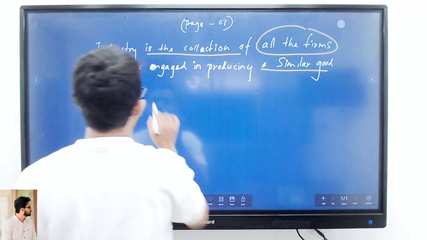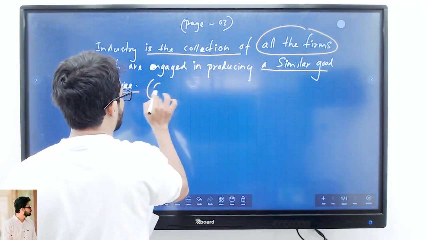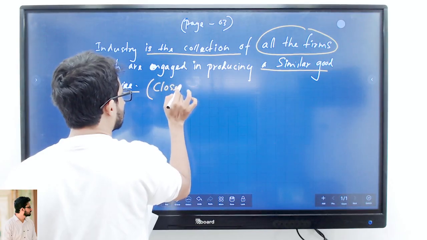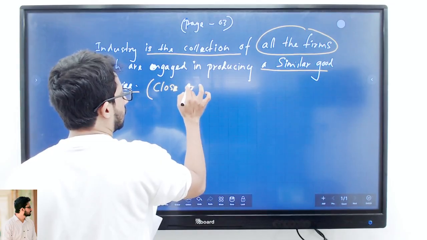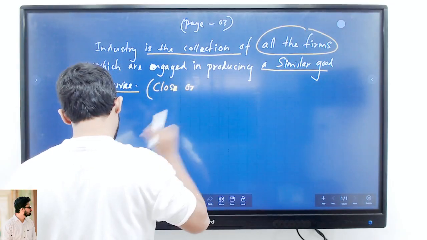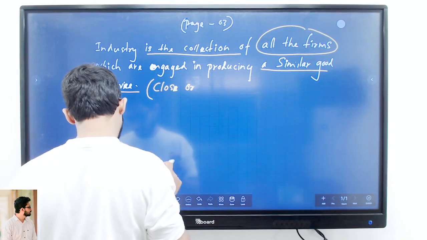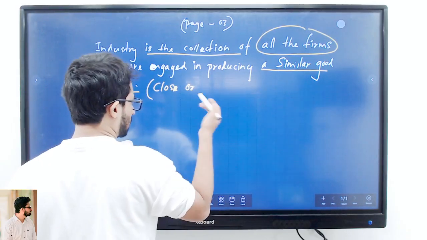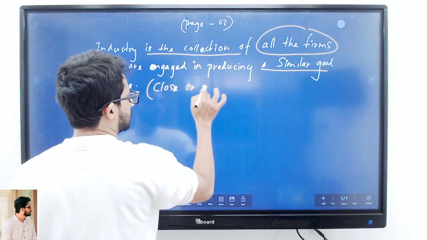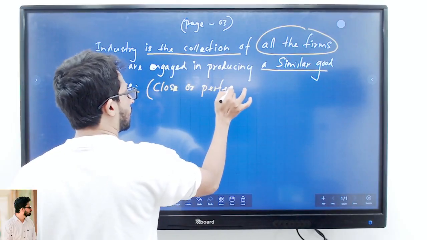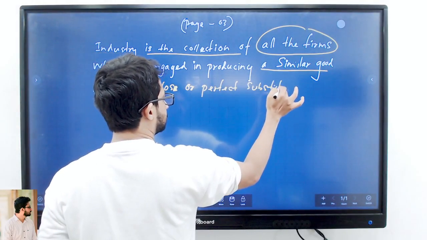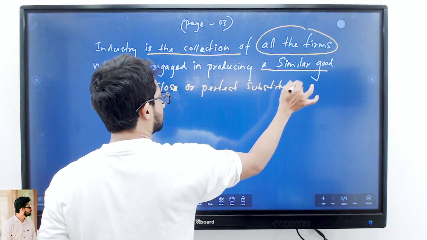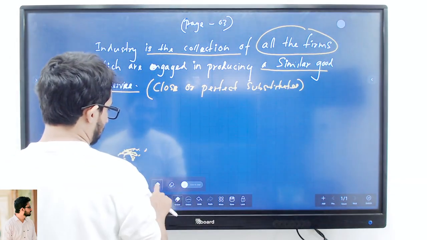This similar good is called close substitutes, or we can say perfect substitutes.